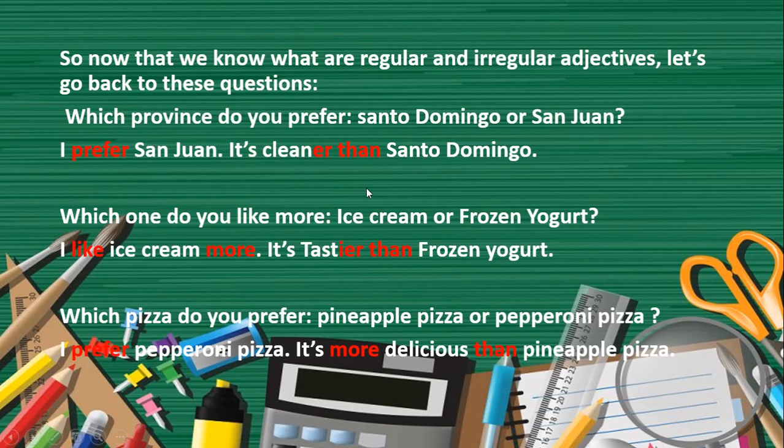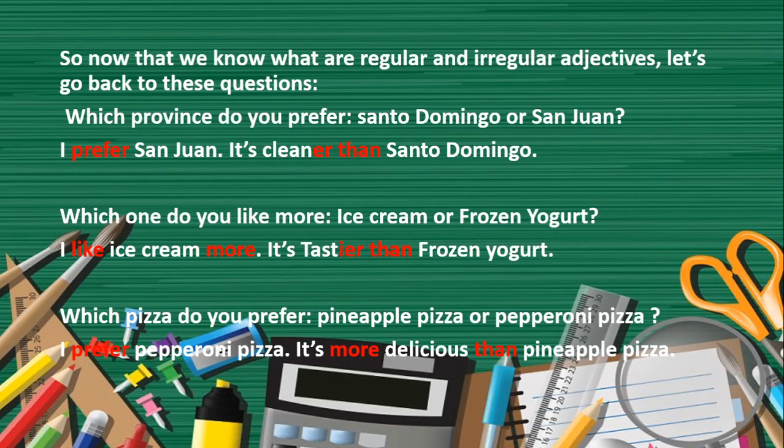So is delicious an irregular adjective, or a regular adjective, sorry? No, it's a regular adjective. Okay? So it's more delicious. Remember, those adjectives where you have to add more in front of them are all regular. They are not irregular.